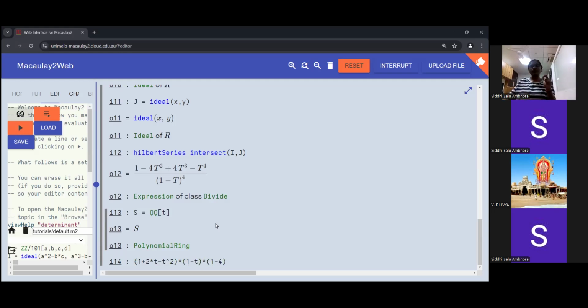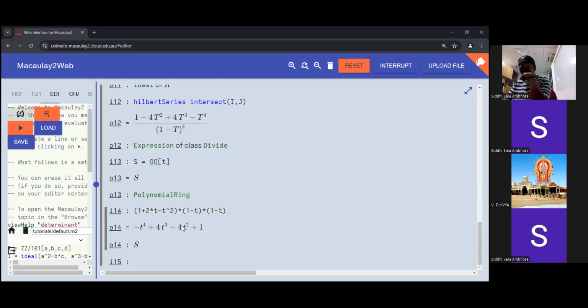Because in the question we are given the denominator 1 minus t square, but here in this expression I am getting the denominator to be 4. So let us check whether this is true. And this is exactly what it is. So it was just simplification needed.